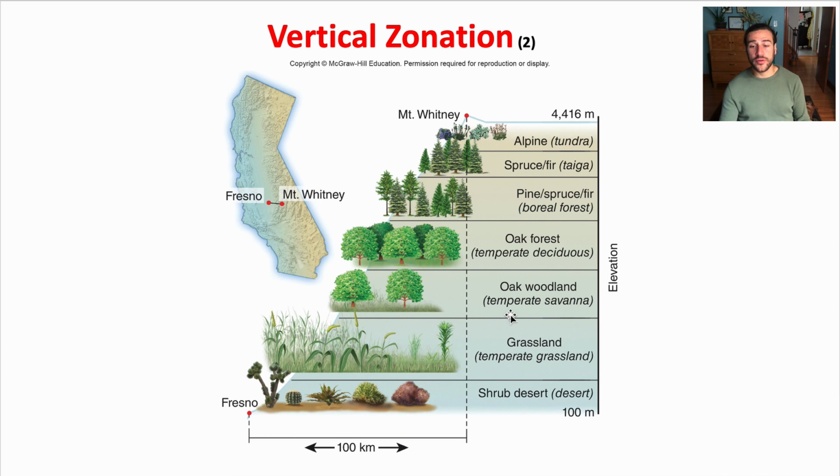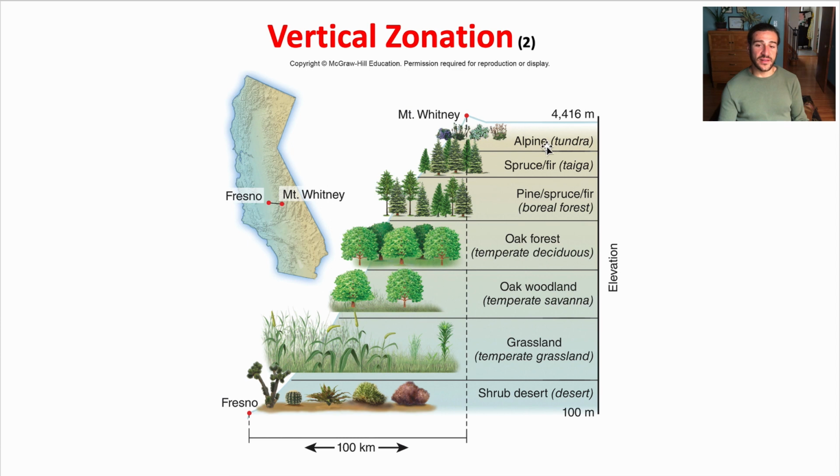You move up even more, you get woodlands dominated by deciduous trees. And then you get grasslands mixed with trees, which is halfway in between. So we call that biome a savanna, more specifically a temperate savanna. Then you get into just strictly an oak temperate forest. Then you get some conifers.